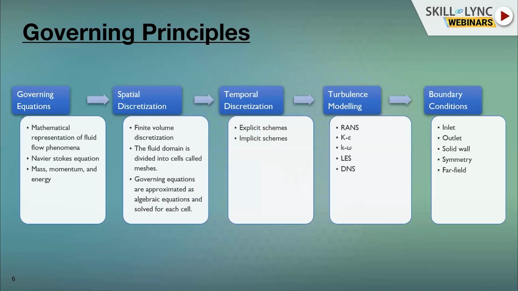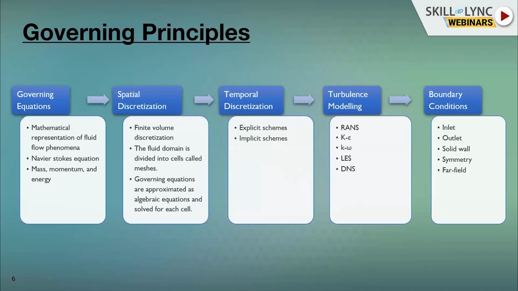Now what we have to do is, we have our problem domain, and we are approximating this partial differential equation to an algebraic equation. So that is the mathematical side of it, but the software will do that anyhow. But what we have is the CAD geometry in front of us, and we have to do finite volume discretization.